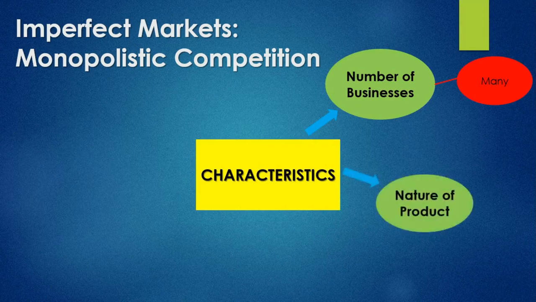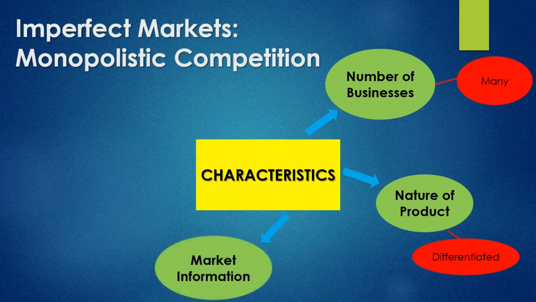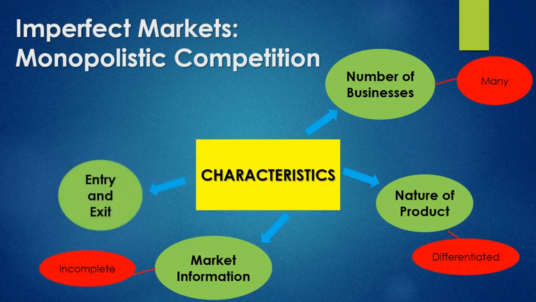What kind of products do they sell? They sell differentiated products. As we said earlier, it is very similar, not identical, but they serve very similar purposes. We look at the market information. It is also incomplete. We look at how we can enter or exit this market. It's free, it's easy to do so.